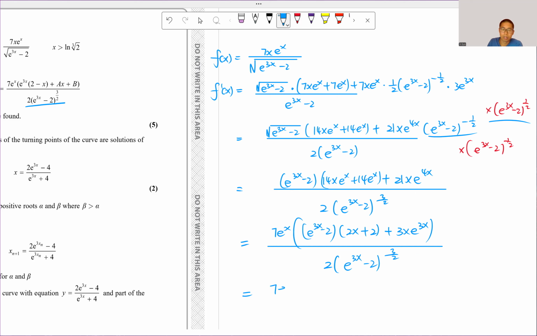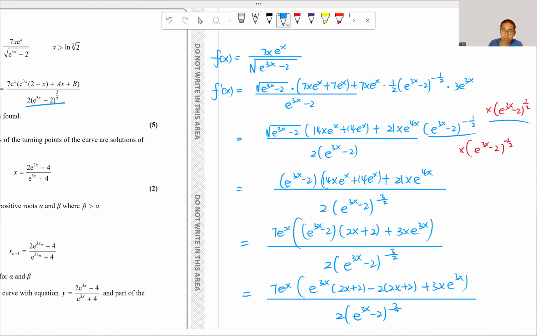So now we can simplify what's inside the brackets. We will have e^(3x) times (2x plus 2), minus 2 times (2x plus 2), plus 3x times e^(3x).